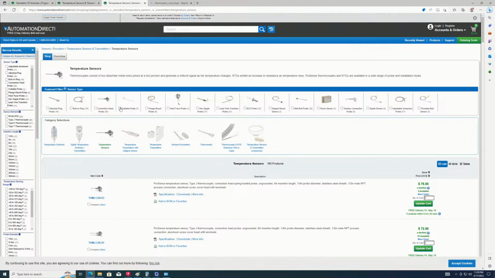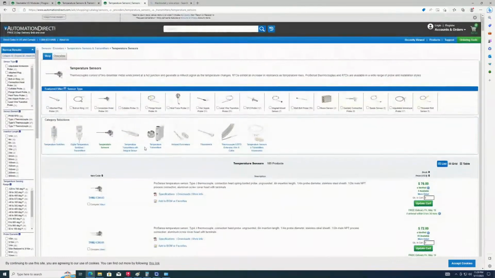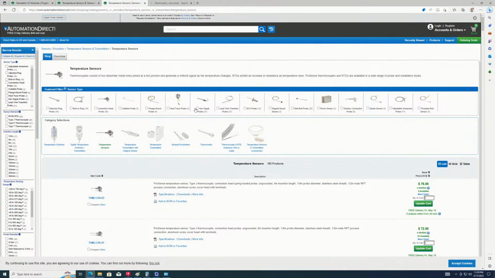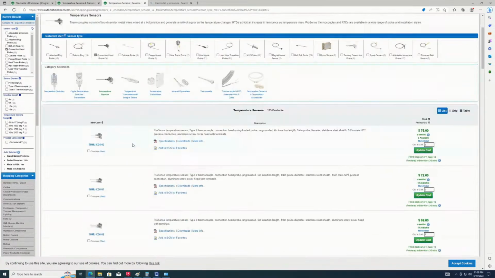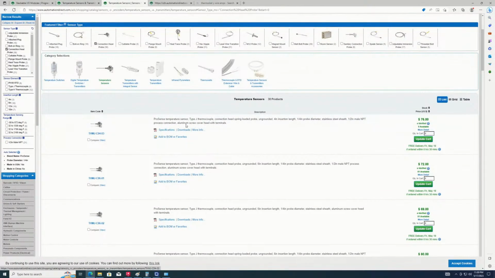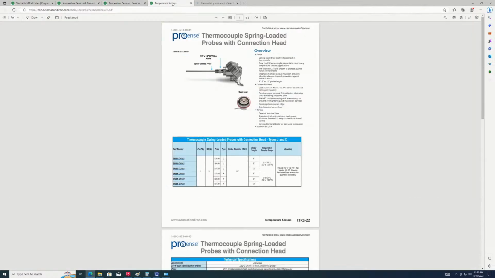Cuttable probe. Oh, no. Just give me one of these to look at, please. What the heck?